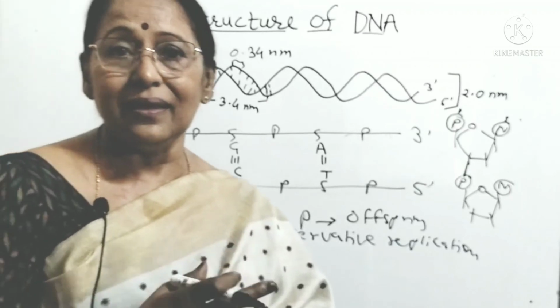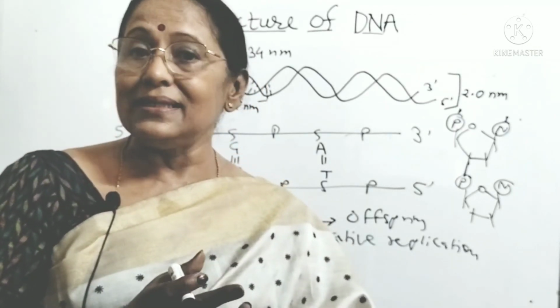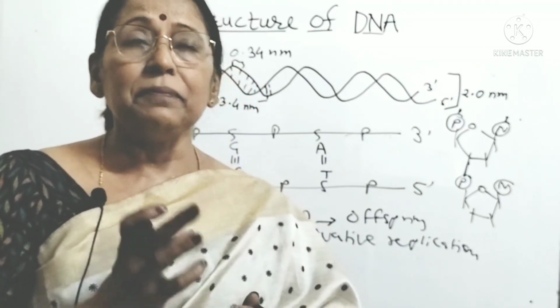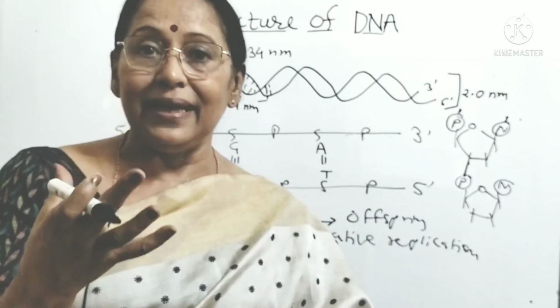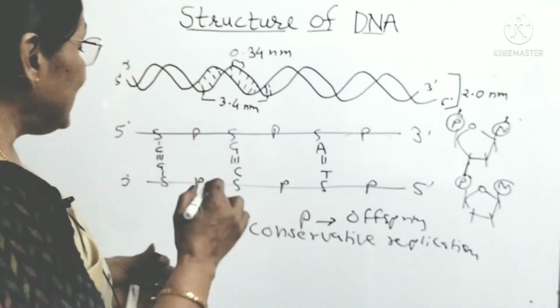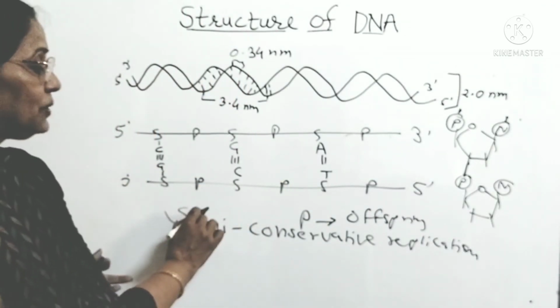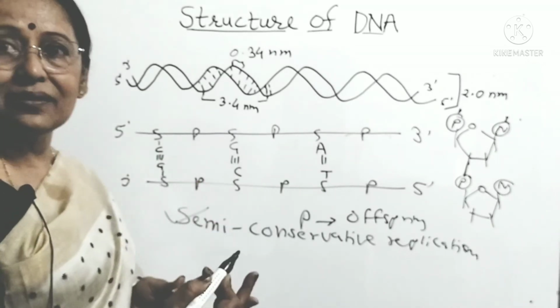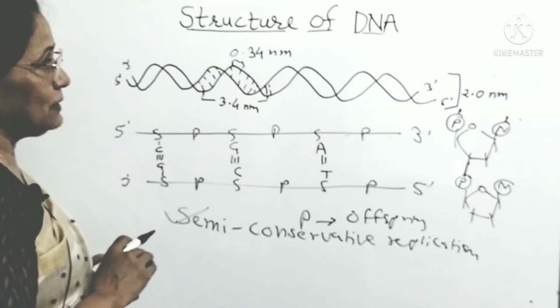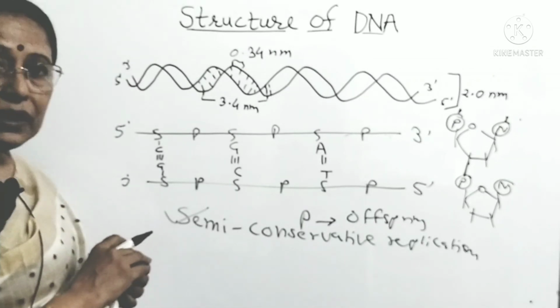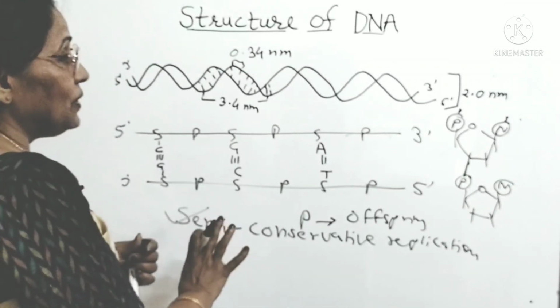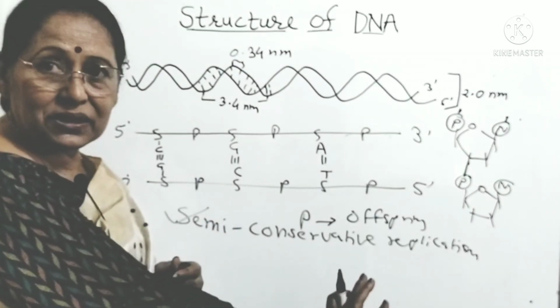This we are going to see, how Meselson and Stahl proved in 1958 that yes, it really is the semi-conservative type of replication by which DNA replicates. See you in the next video for the semi-conservative replication of DNA.